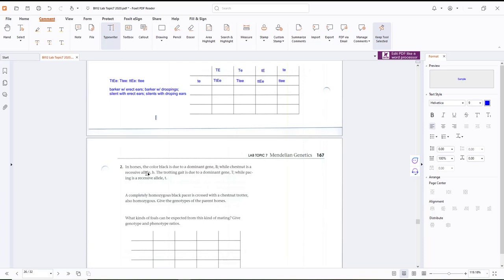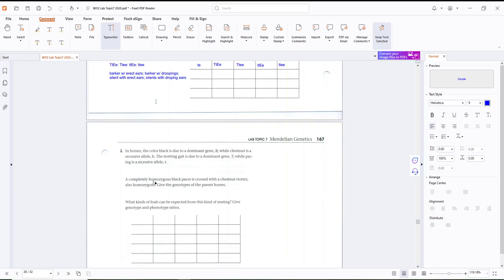All right, and then number 2. In horses, the color black is due to a dominant gene, big B, while chestnut is a recessive allele, little b. The trotting gait is due to a dominant gene, big T, while pacing is a recessive allele, little t.